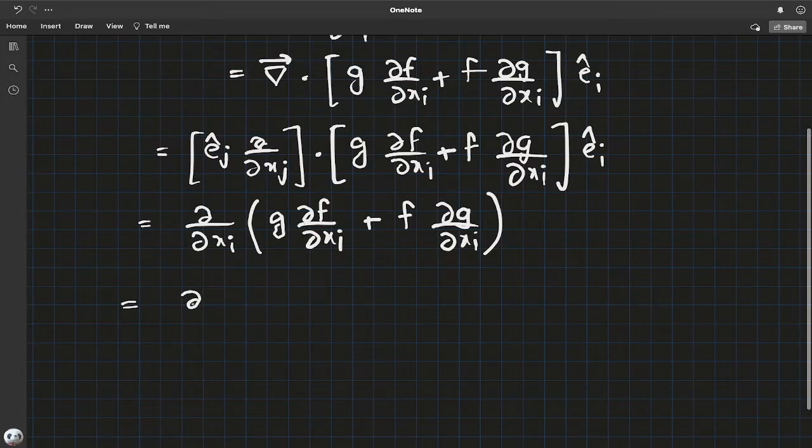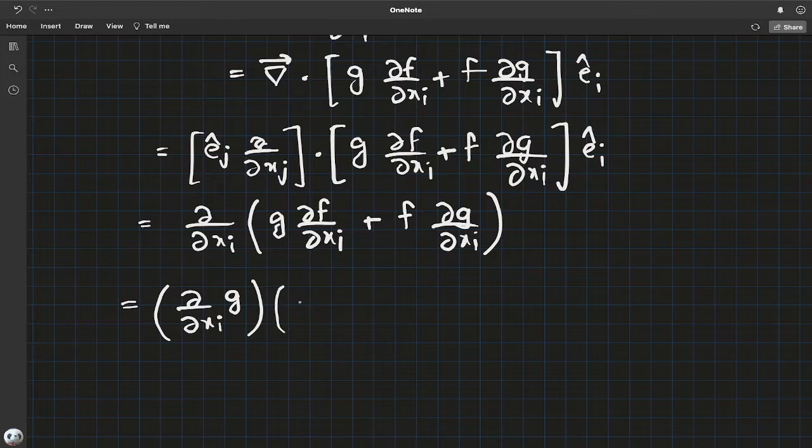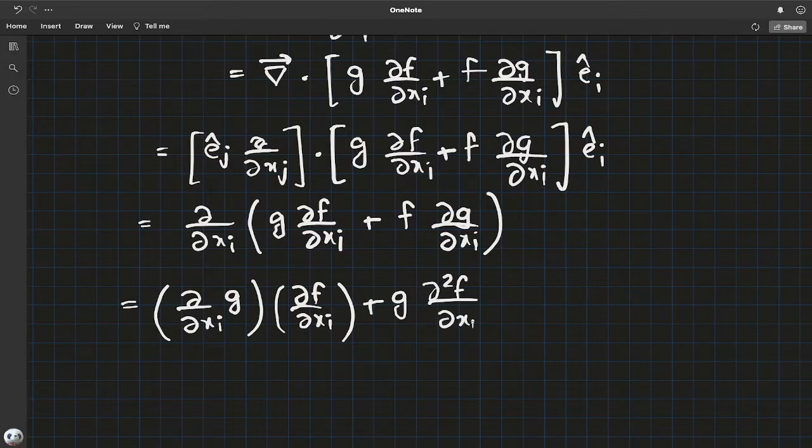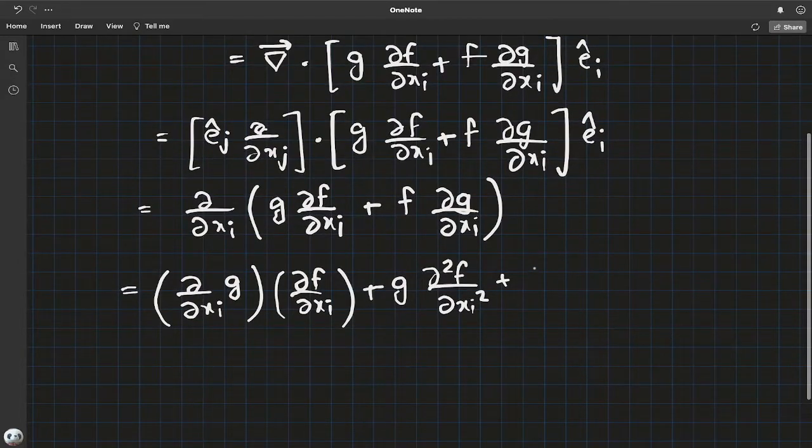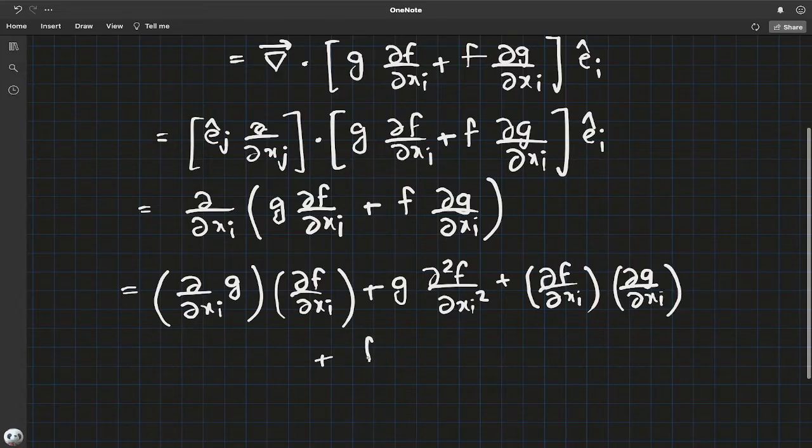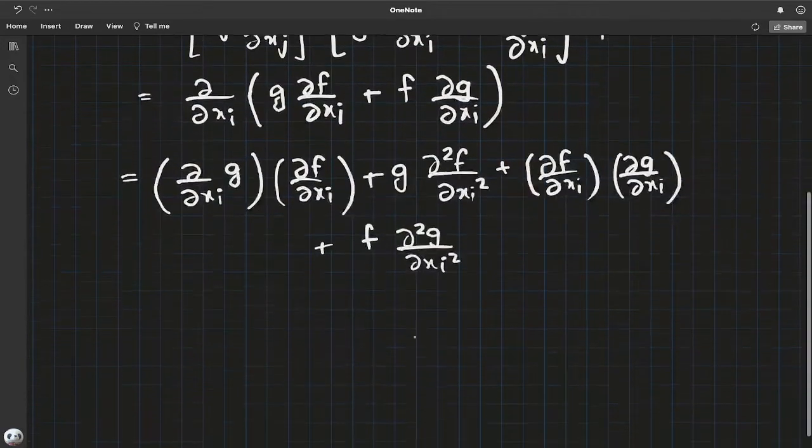So we have partial xi g multiplied with partial xi f, plus g times partial squared f over partial xi squared, so the second derivative, plus again do the same with the f term, plus f partial squared g over partial xi squared.